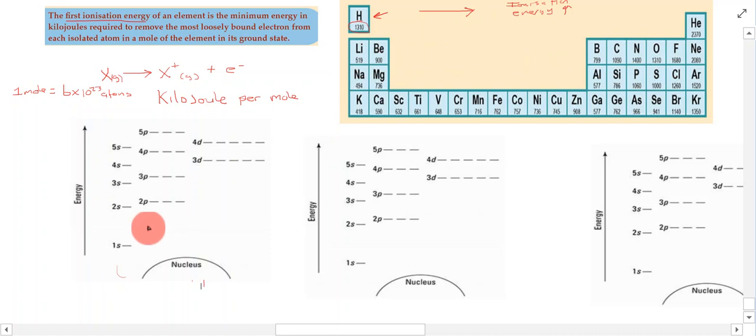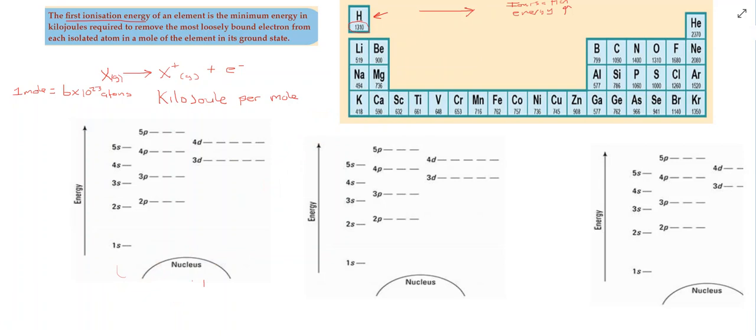As a result, as we move across here, the pull on the outer electron becomes much stronger, so more energy is needed to take the electron off the atom because of that strong pull. Now there are some exceptions to that, which I want to look at and talk about.